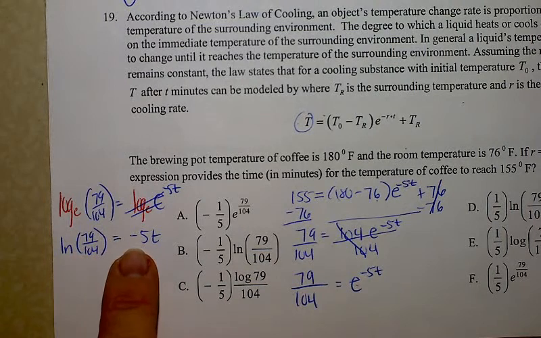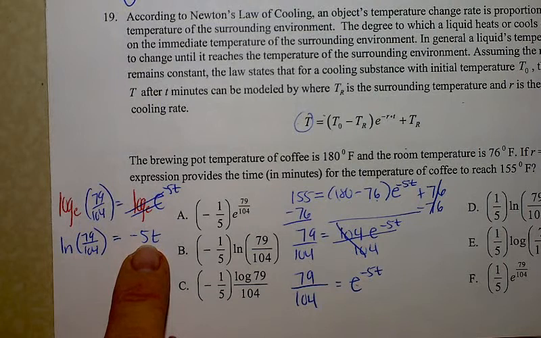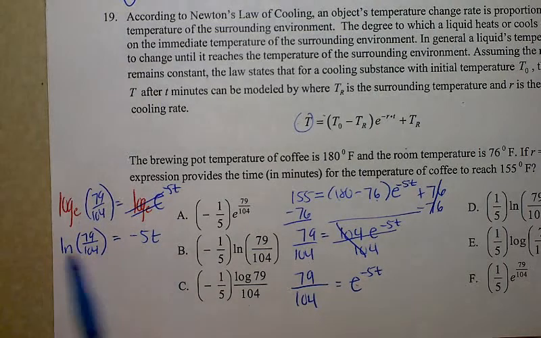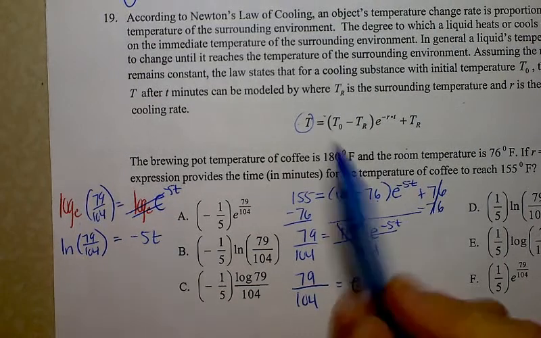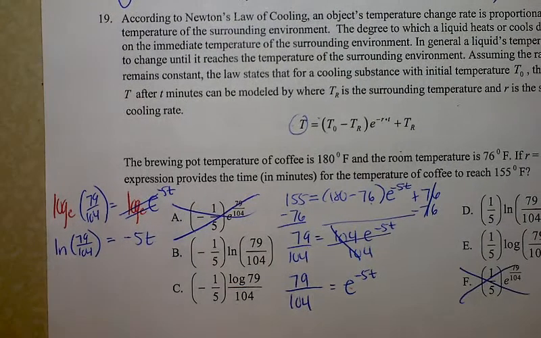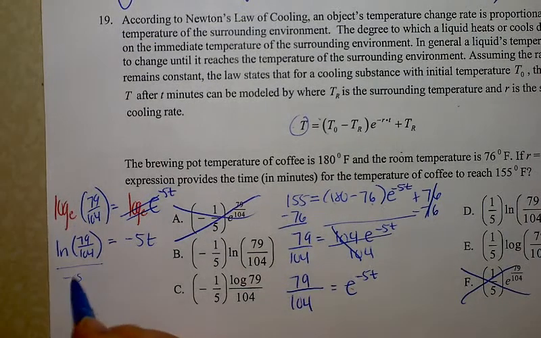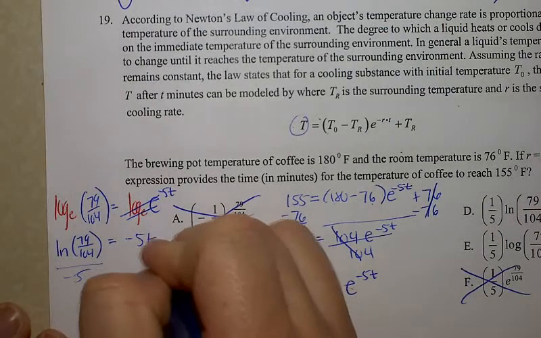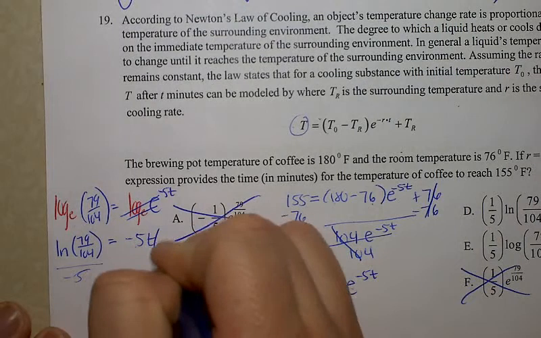By the way, do we see any more e's in our answer? At this point, are there any e's? So anything that has an e, let's cross out. Okay, down to 4 choices. So yes, just dividing this quantity by negative 5 is not wrong, but you don't see that as one of your options. Well, it is, but it's in another form. Remember, dividing by this number is the same as multiplying by the reciprocal.